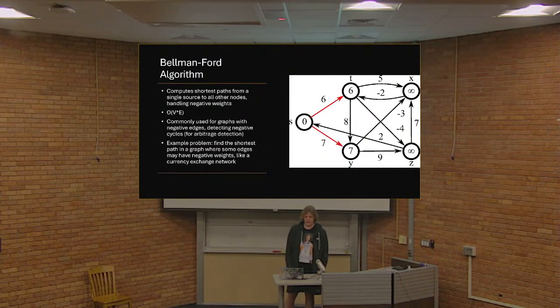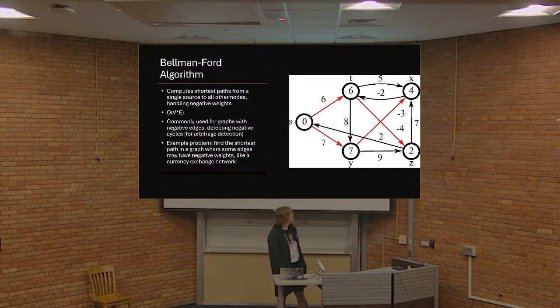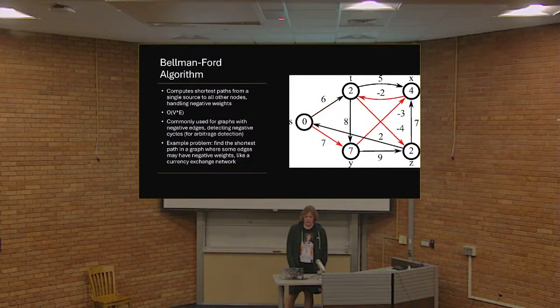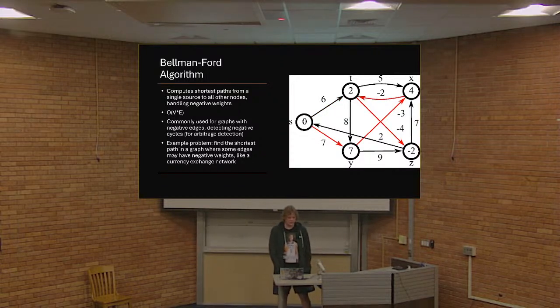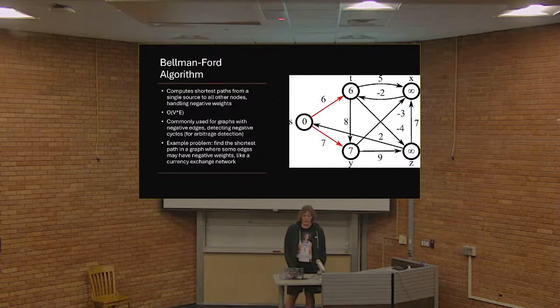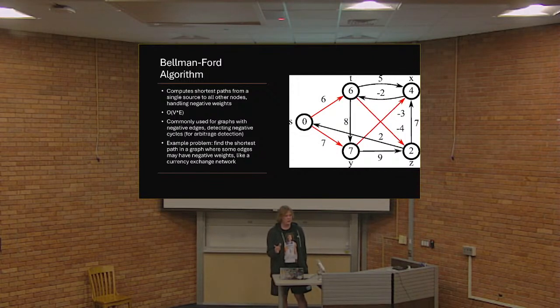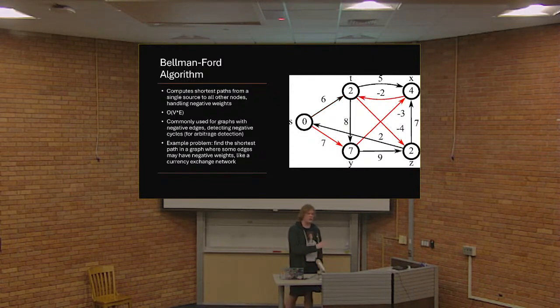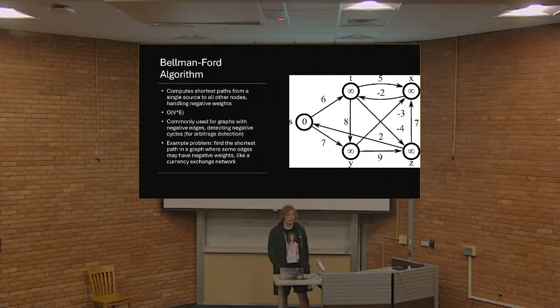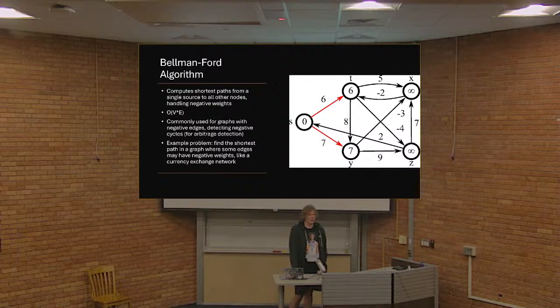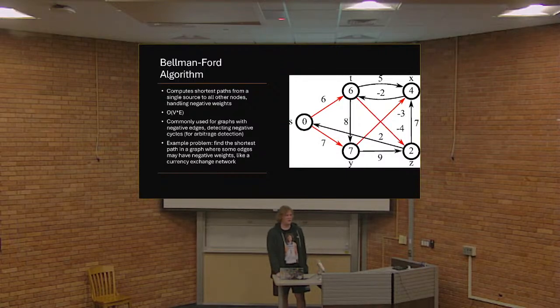So the Bellman-Ford algorithm, again, I have a GIF here. This one's fairly complicated, so I didn't want to go too into the weeds with it. But this is like Dijkstra's algorithm, but it handles negative weighted edges, which sometimes can happen depending on the implementation. It really doesn't happen all that much from what I've seen, but it's always possible.